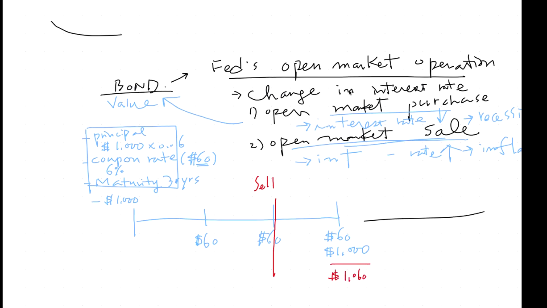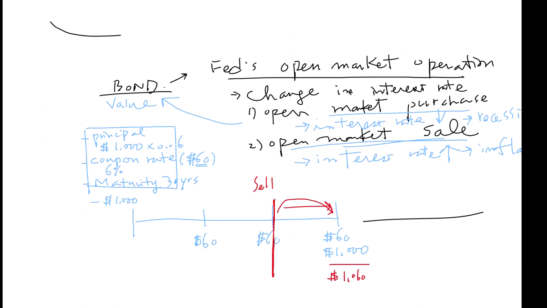Instead of waiting 1 more year, he wants cash today. So we have to compute what? Today's value. Selling this bond means you have to compute the present value of this bond. This is 1 year future money, so what is today's money? You have to discount back to present.